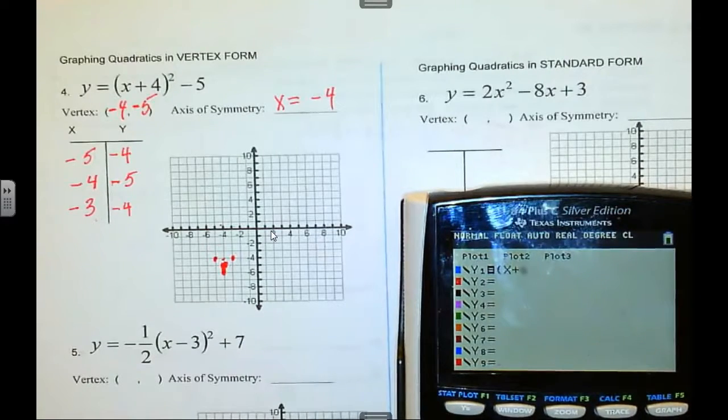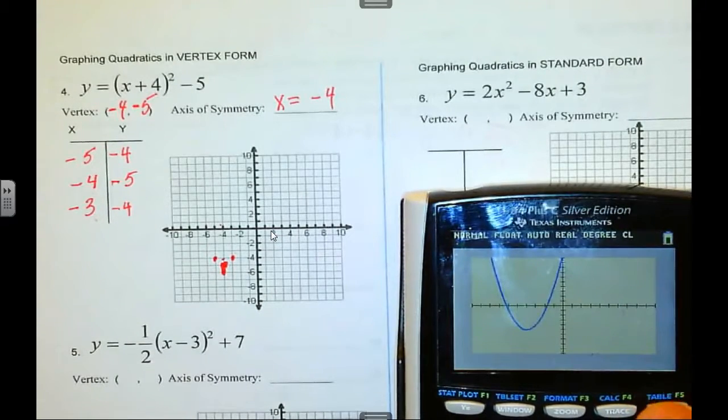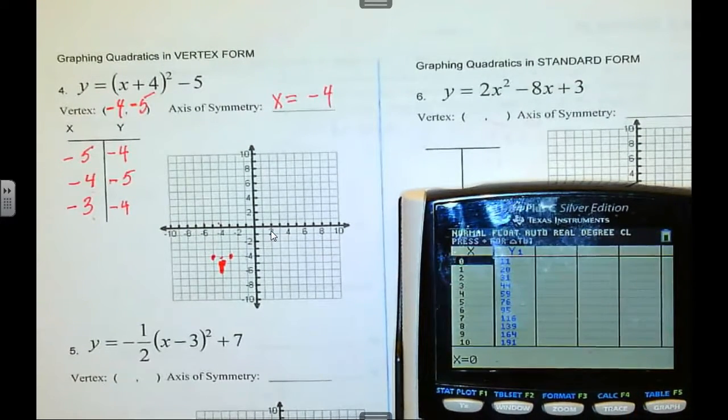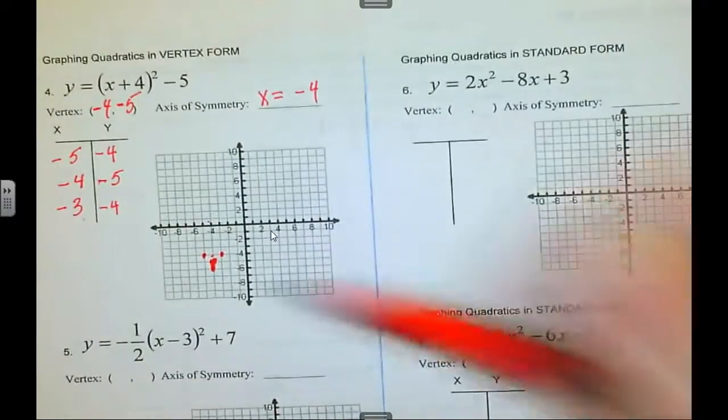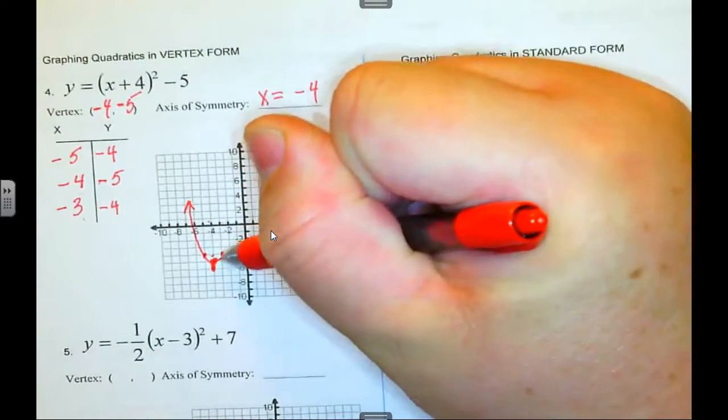X plus 4 squared minus 5. Graph it. Go to my chart. And let's see, -5. Oh, it is -4. Yeah, it did work. So we can cheat.